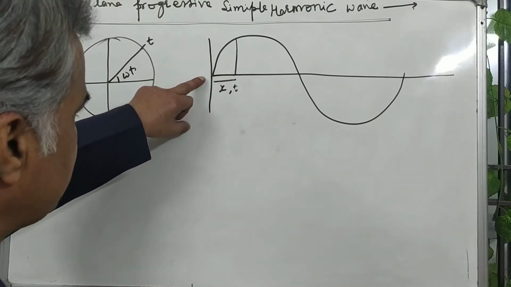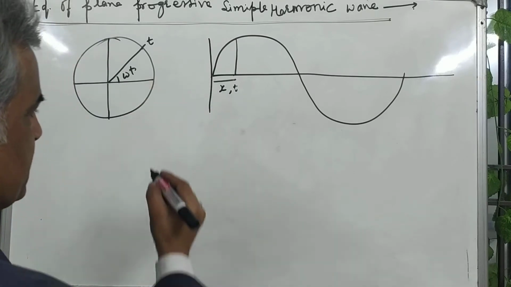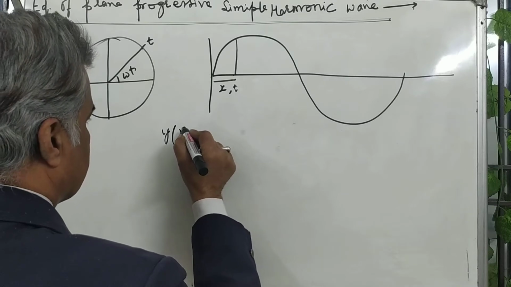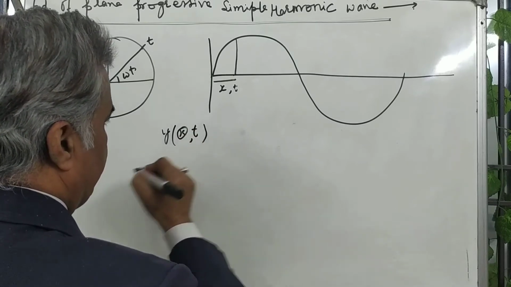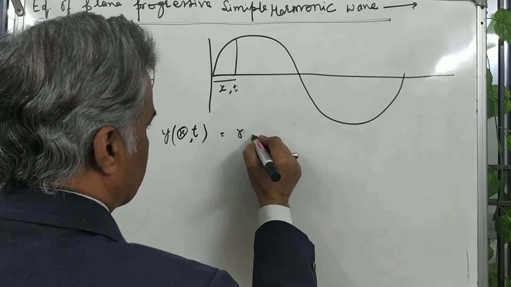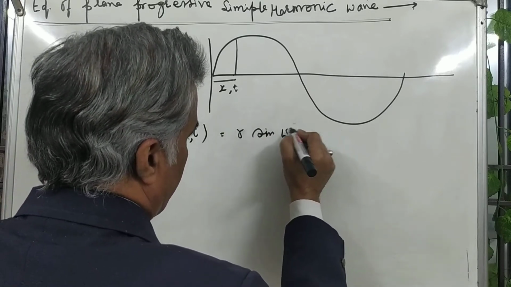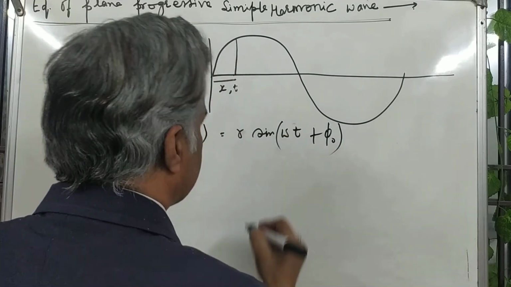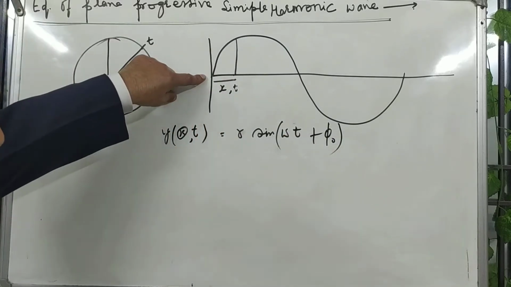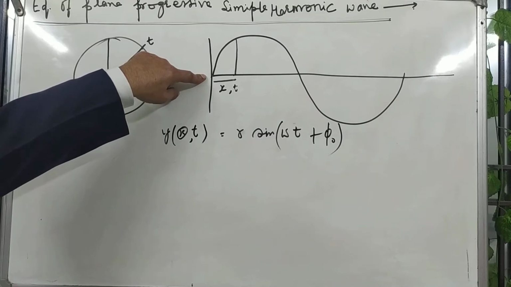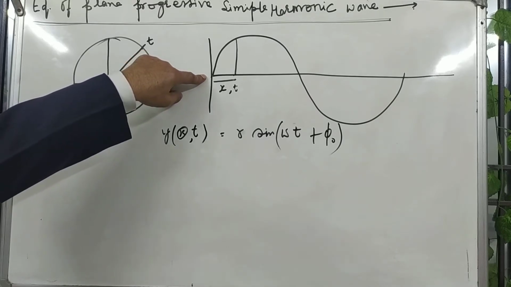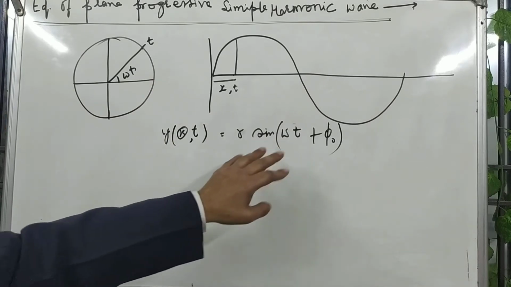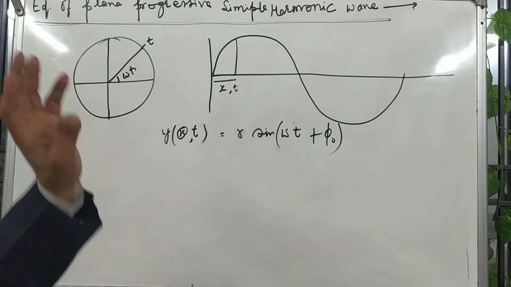So the SHM motion of this particle at x equal to 0 is y(x,t) equal to r sine omega t plus phi naught. This is the SHM equation, the motion of a particle under SHM. You can write it in cos function also.